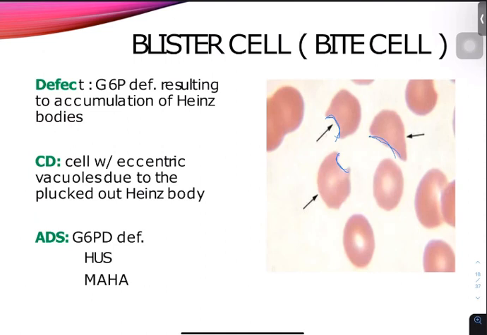So, yung may mga G6PD natin, which is immune disease, okay, has this defect on their RBC. This is usually resulting to the accumulation of your Heinz bodies. So, this is a RBC inclusion. Later on, we will discuss that also.